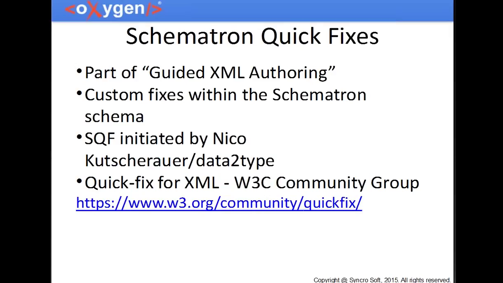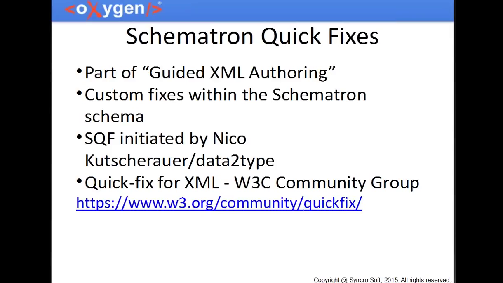And the idea is that when authoring an XML document, you will get into error situations, and what we want is to guide the author in these situations to put him on the right track. And for that, Schematron is great, because you are writing the business rule and you provide hints, you describe what the error is, describe some possible solutions, but it all ends there.